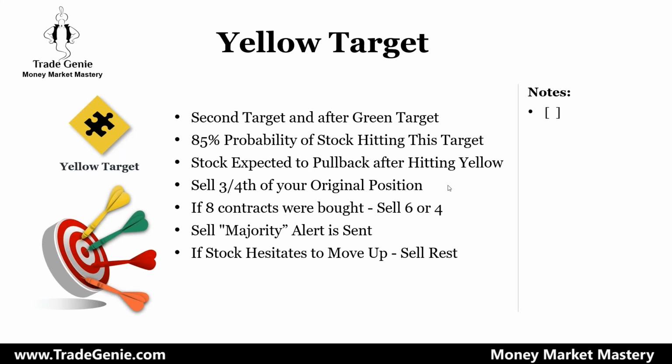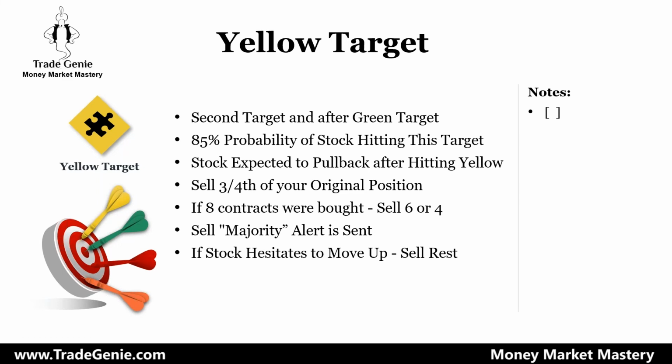It depends on what kind of resistance the yellow target is. If the resistance is heavy, we send out the alert to sell the majority. If the resistance is middling, then sell half. So not only do you analyze the resistance, but analyze the intensity of the resistance, or not only the support, but the intensity of the support.